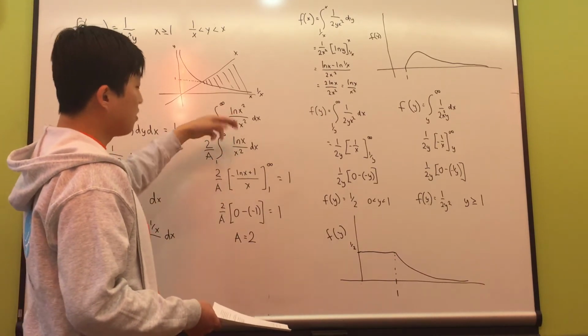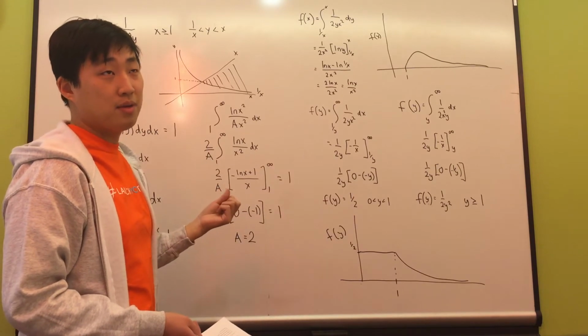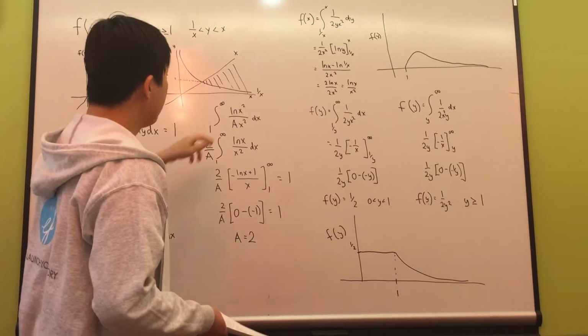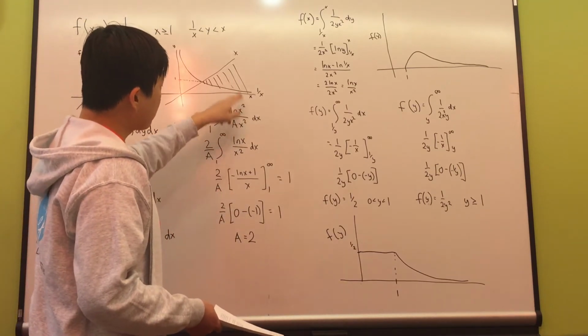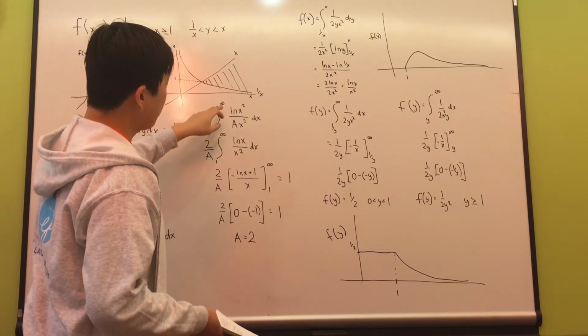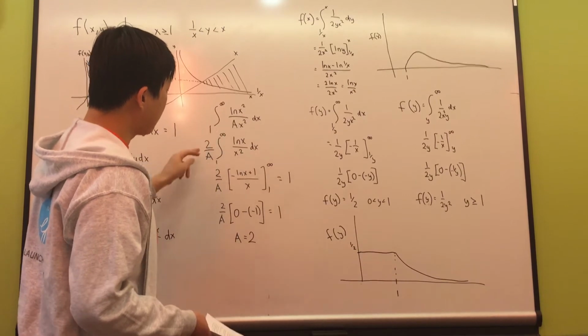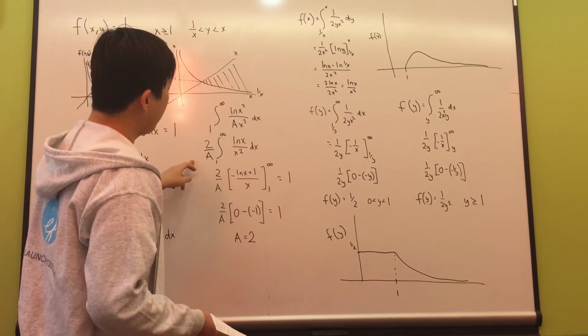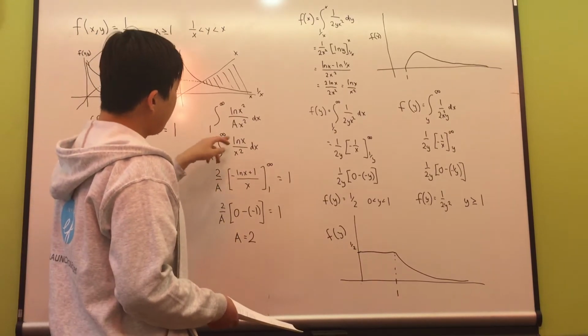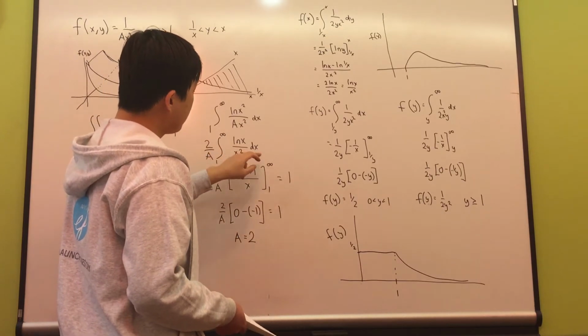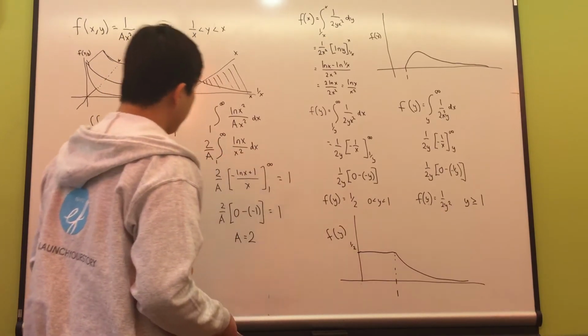With another property of logarithms, the 2 in ln of x squared can come out, so it becomes 2 ln x. I take the 2 out in front, and the a from the bottom, so it's 2 over a times the integral of ln x divided by x squared dx from 1 to infinity.